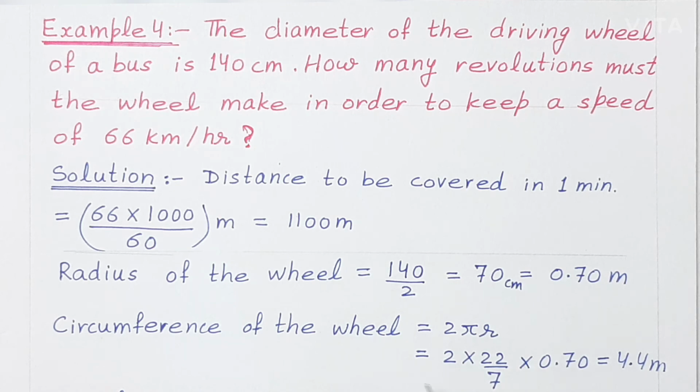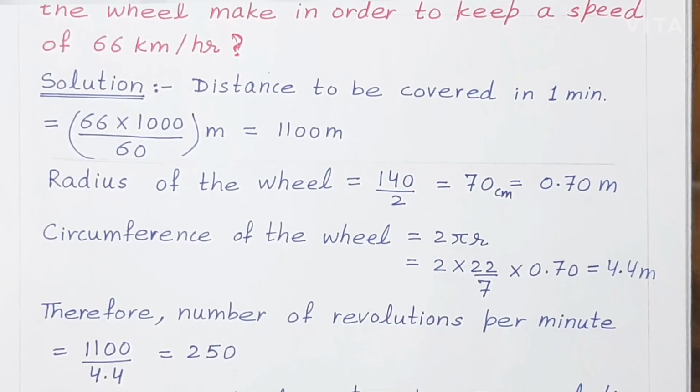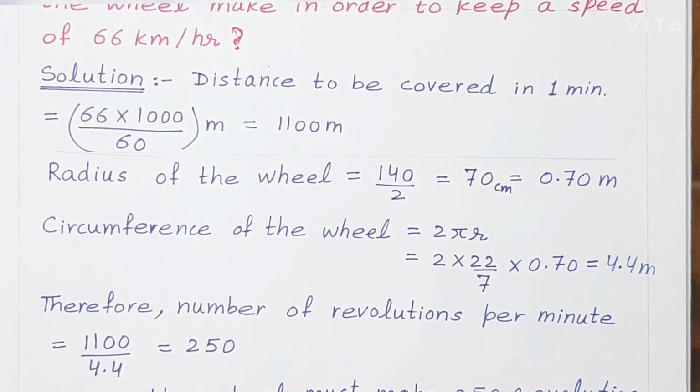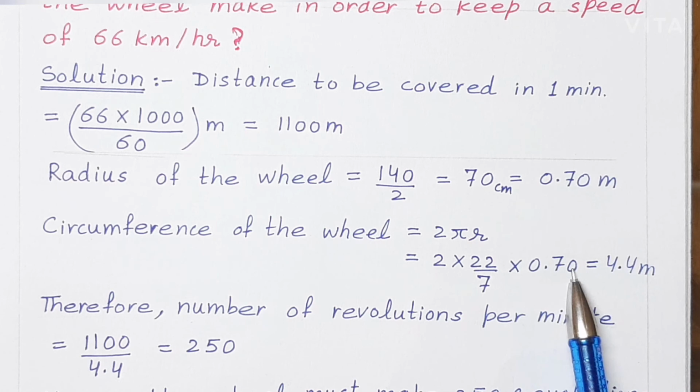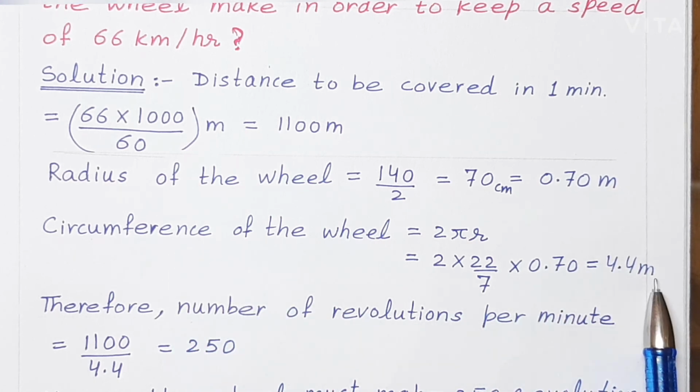So now the circumference of the wheel. Now what is the formula for circumference? 2 pi r. So pi is 22 upon 7 and r is 0.70. So circumference is 4.4 meter. Clear?